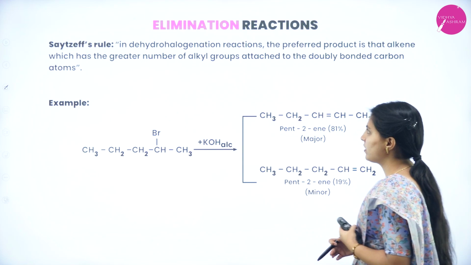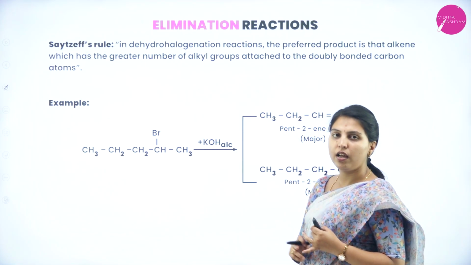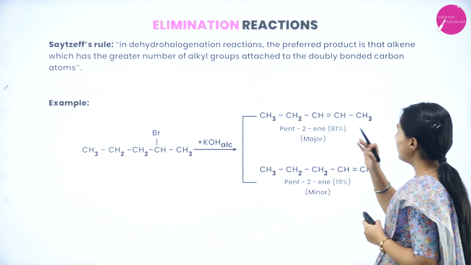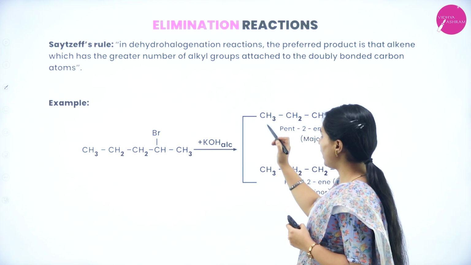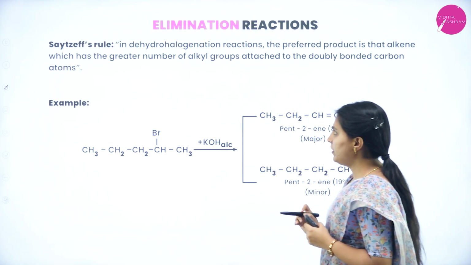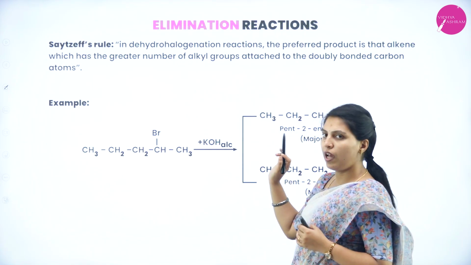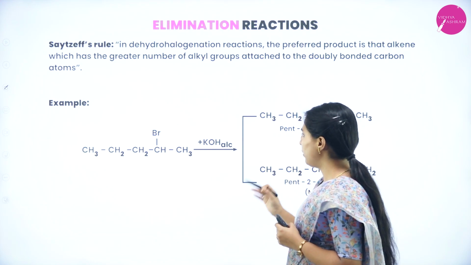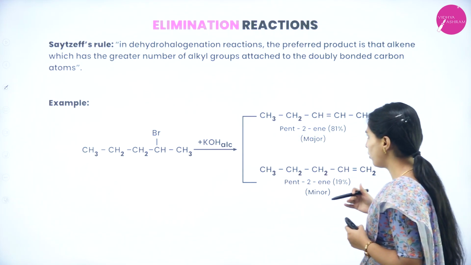So what is Saytzeff's rule? In dehydrohalogenation, one hydrogen and one halogen are removed. In that reaction, the preferred product is the alkene which has the greater number of alkyl groups attached to the doubly bonded carbon atoms. In the haloalkane, one halogen and one hydrogen are removed when it is treated with alcoholic potassium hydroxide.